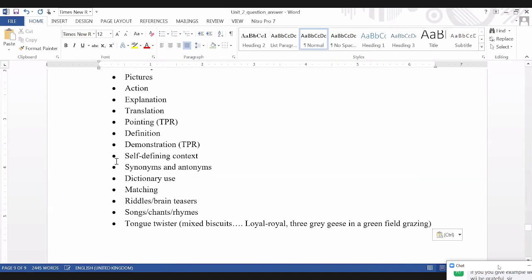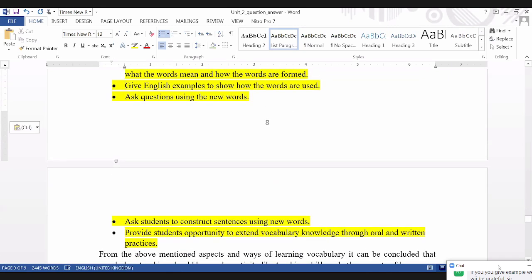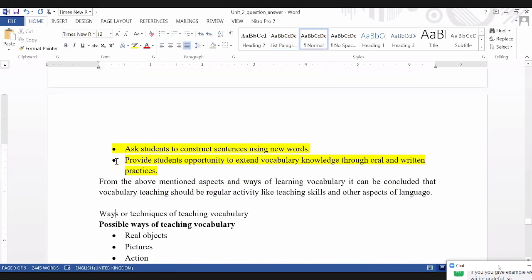Okay, these are the different techniques. Ways, how do you teach vocabulary? What are the different ways of teaching vocabulary? What are the basic steps of teaching vocabulary?